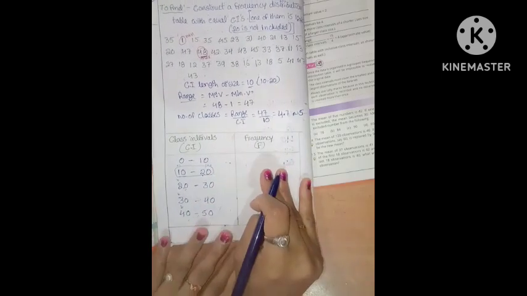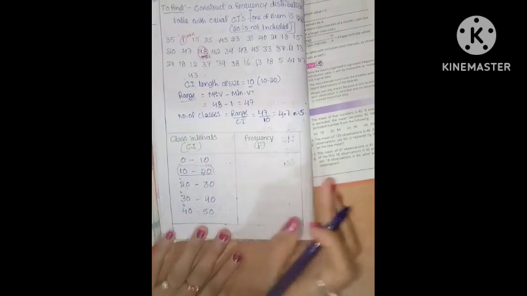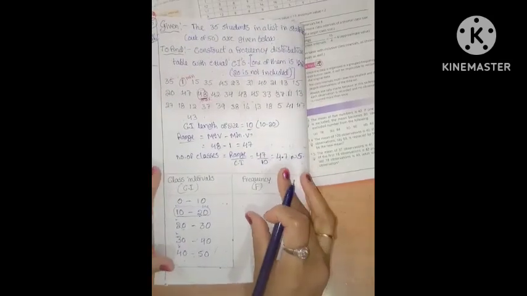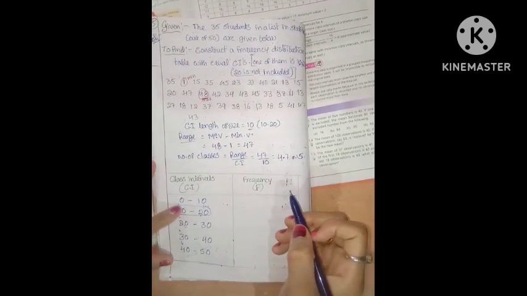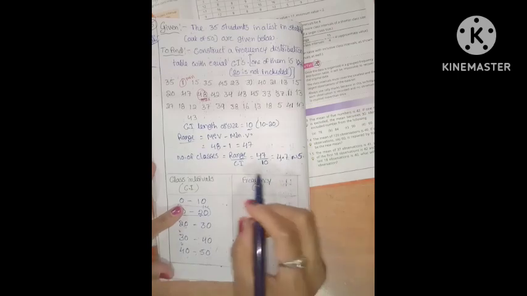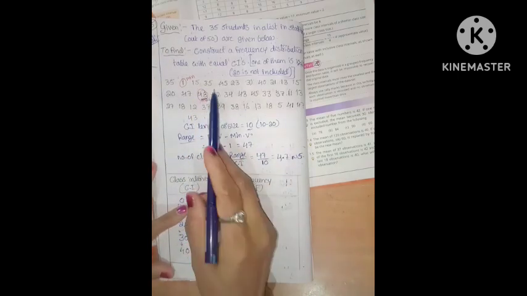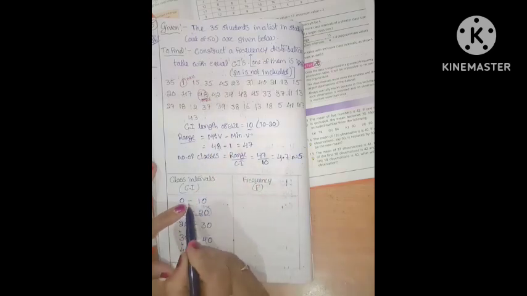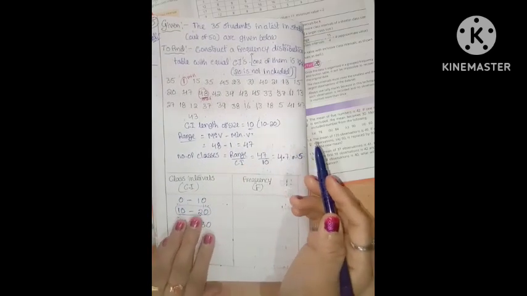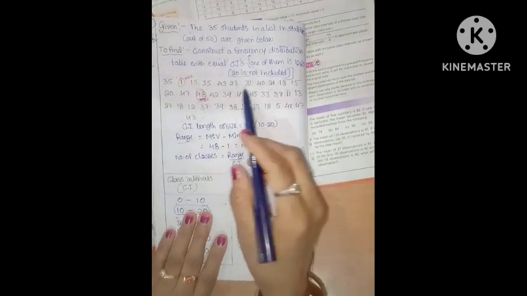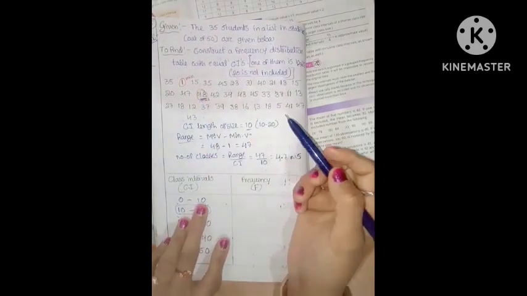Next, frequency. First, 0 to 10. How to calculate the frequency? By using tally marks, or you can count the observations within the class interval. How many observations are between 0 and 10?